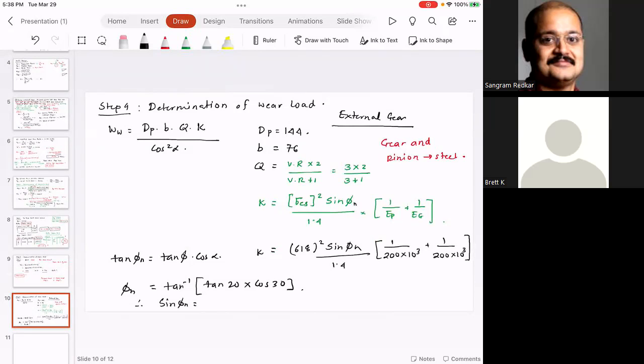That gives you the value of K. Substitute these values here and your Ww should be greater than Wd. And that is how you make sure that the design is safe.